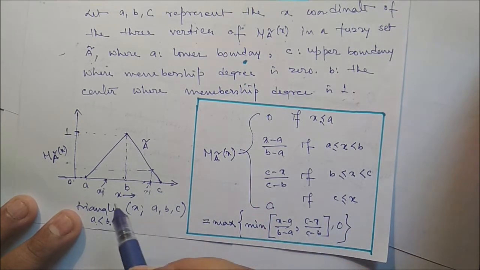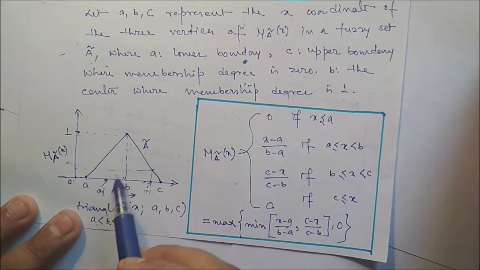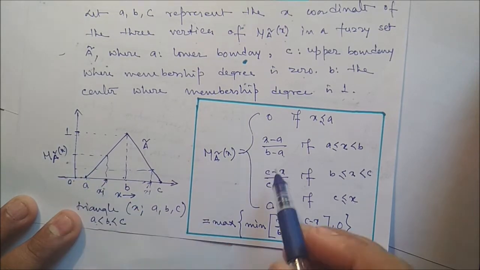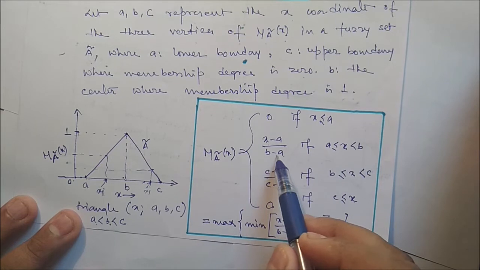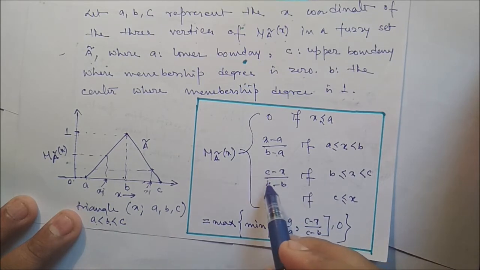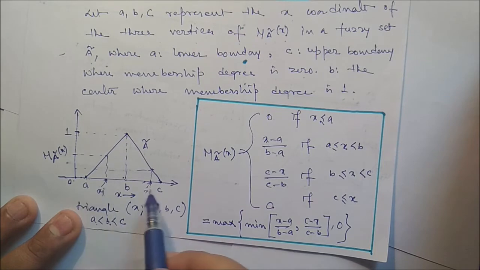So if the value is between a and b, the associated membership value is (x minus a) divided by (b minus a). Similarly, if x1 is somewhere here, the associated membership value is (c minus x) by (c minus b). If it is less than a or more than c, the value is 0.